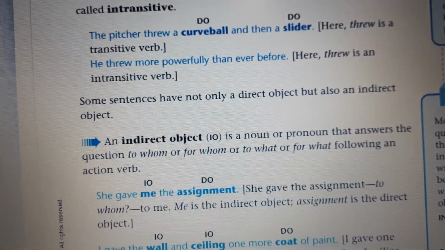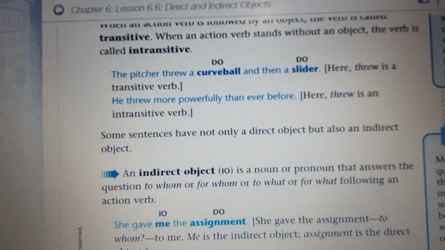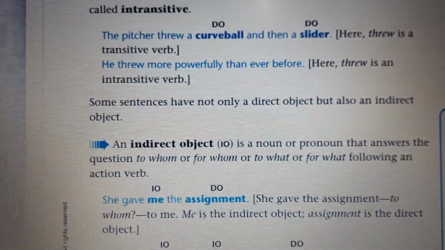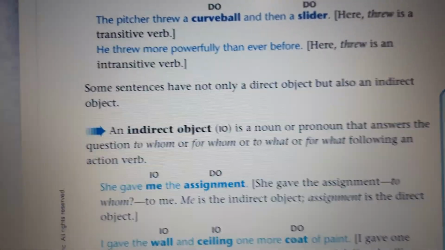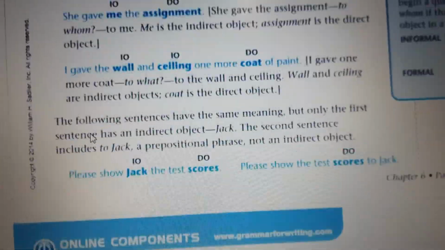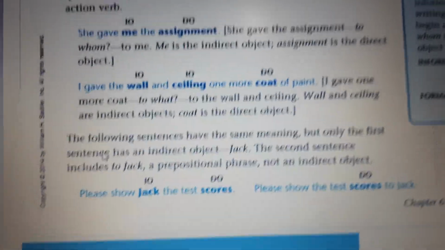But you cannot find a sentence with an indirect object and without a direct object. If you have any question about this point, you can just ask me.